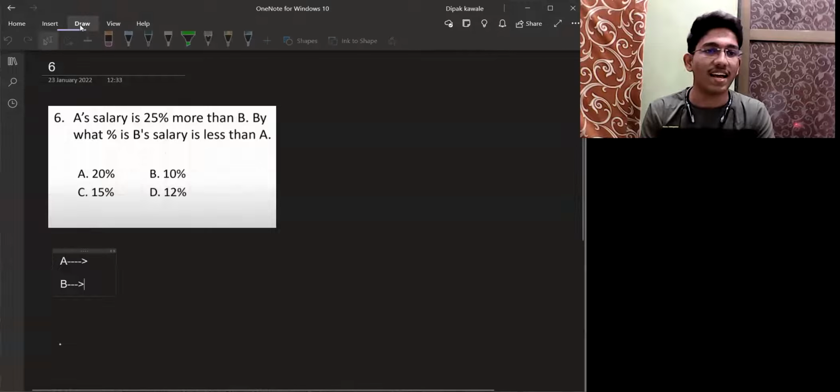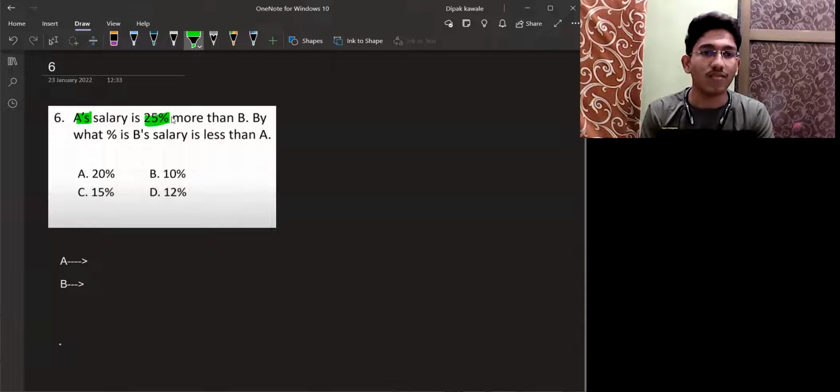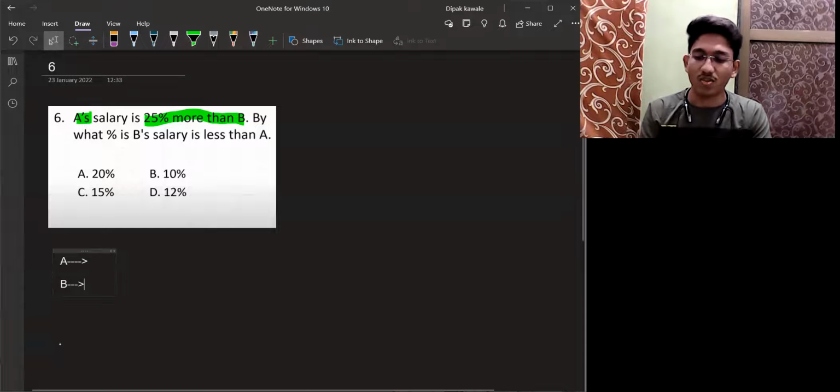In this question, it is given that A's salary is 25% more than B. That means A's salary is dependent on B. That means first I should get to know the salary of B. Correct, students? So I should assume B's value as 100, and as the question says, A's salary is 25% more, that means it will be 125.